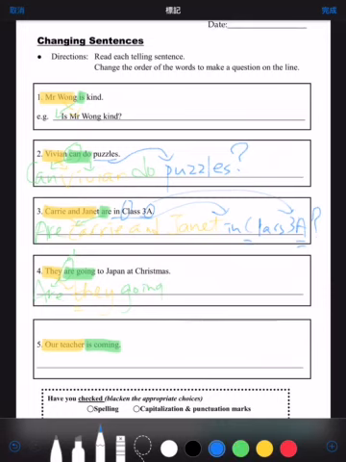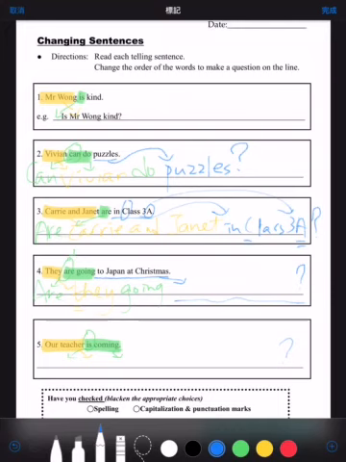And then you copy very carefully the rest of the sentence and change the full stop into a question mark. So I'm guessing you can do the last one. Our teacher is coming. First verb first, then subject, then the second verb, and then change it into a question mark. Okay, here we go.